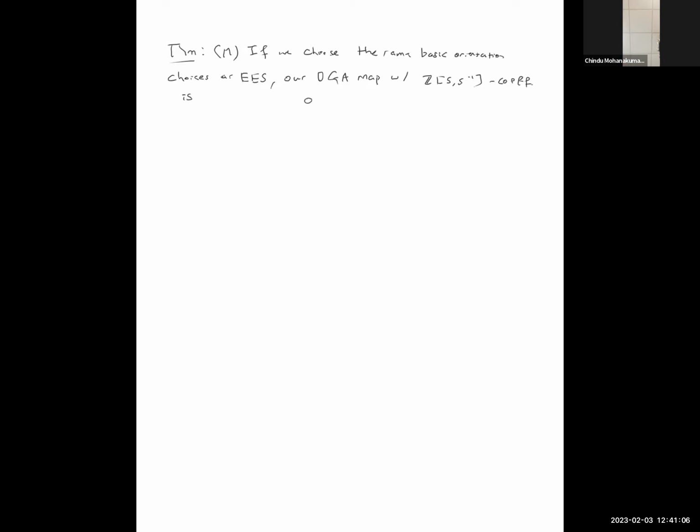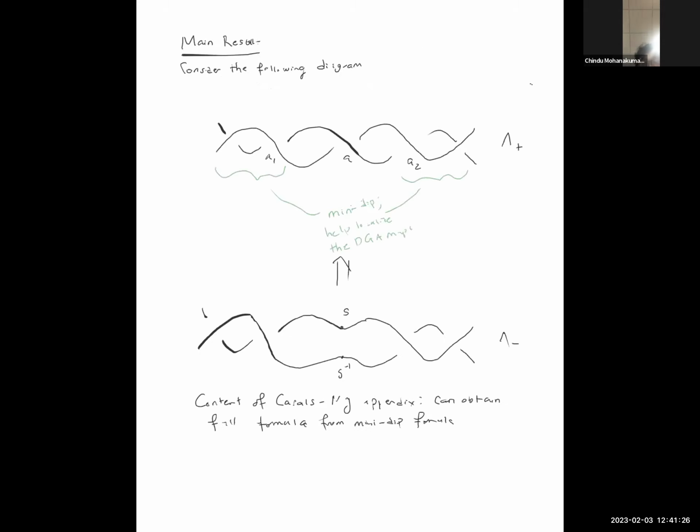So B of A is S. So this represents the basic disk, which if I look back here, it's the basic disk that has a top Reeb chord going to this puncture, and then it closes out as soon as we get to this middle point where the two strands are hitting one another.